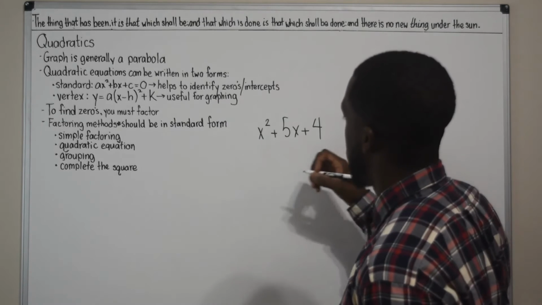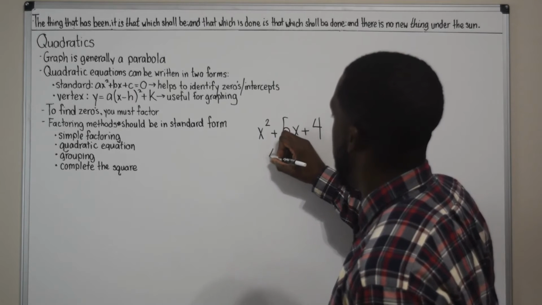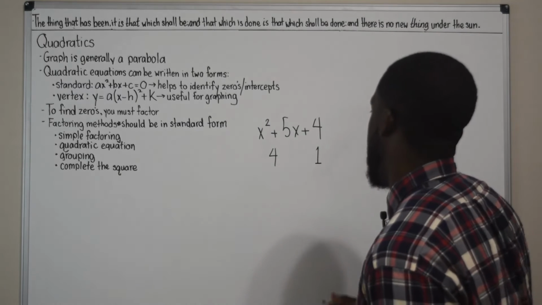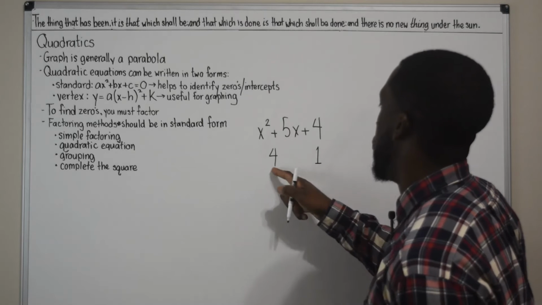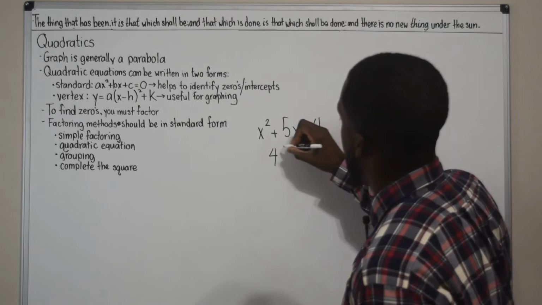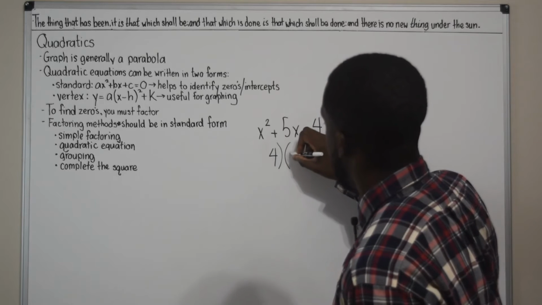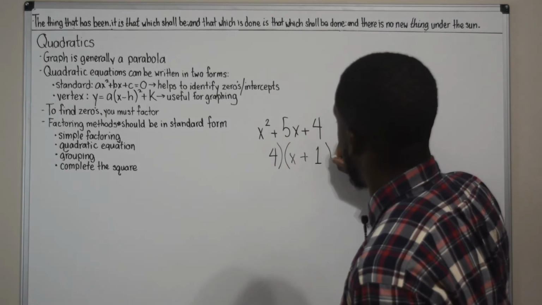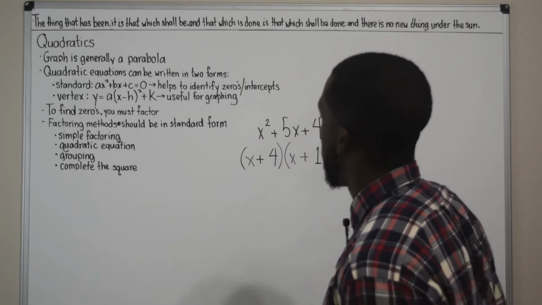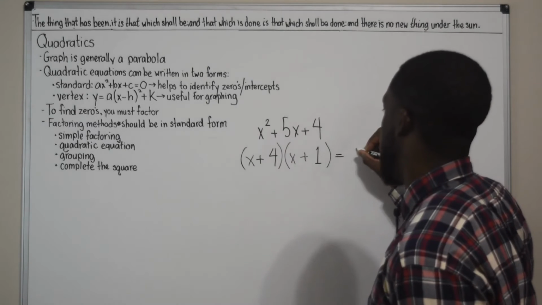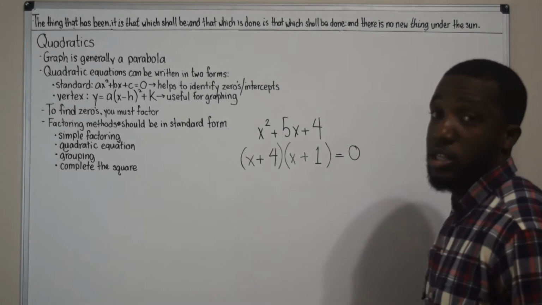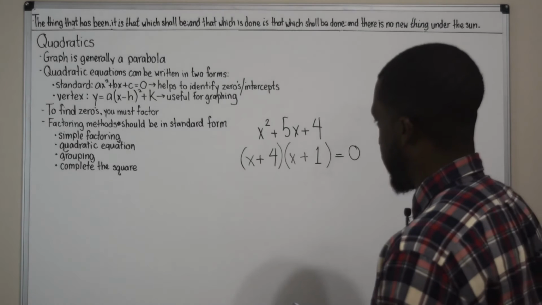I already know it's gonna be positive 4 and positive 1. We already know that 4 times 1 is 4, and 4 plus 1 is 5. So my factors are going to be x plus 1 and x plus 4, and that's going to be equal to 0, because it should be in standard form. So yeah, it's pretty simple.